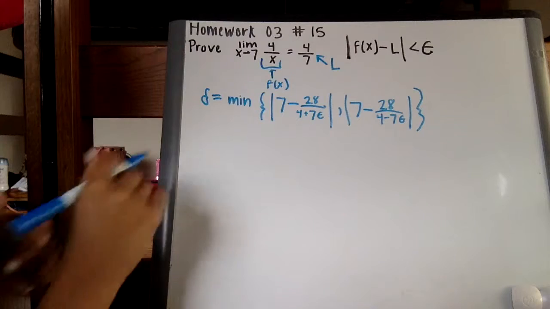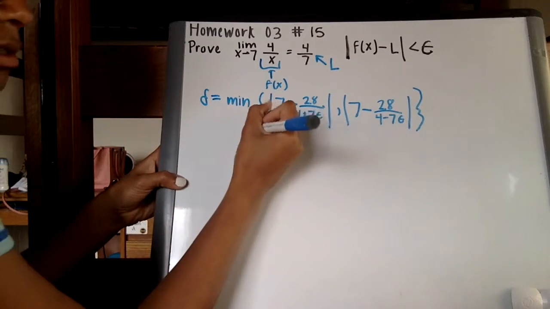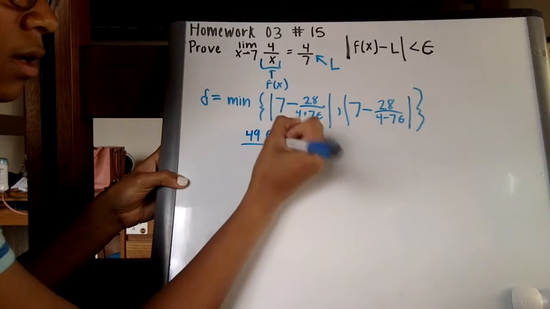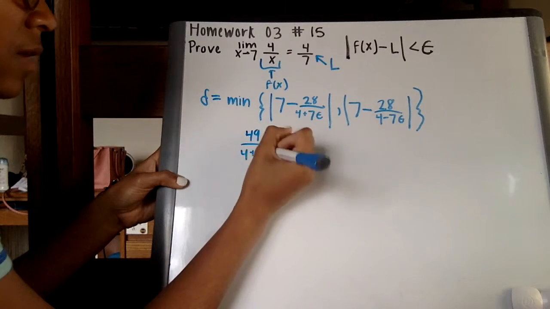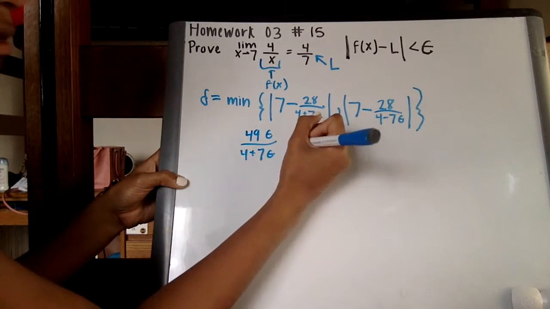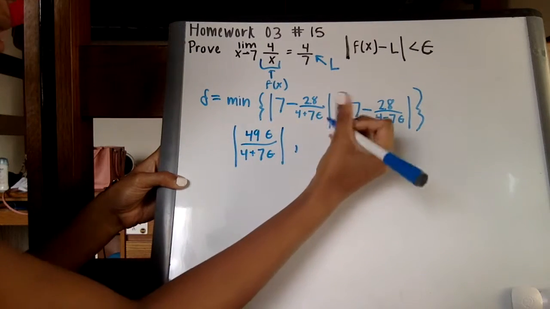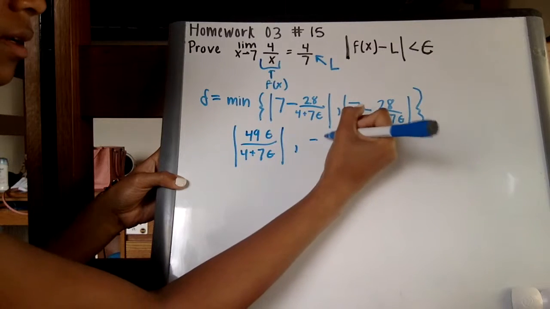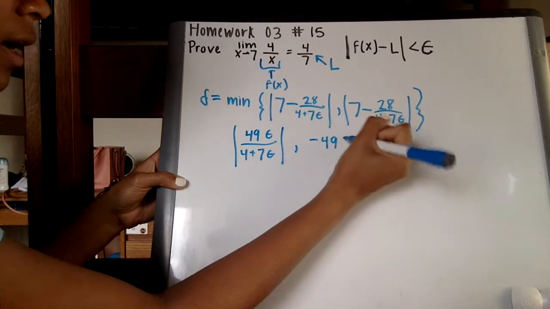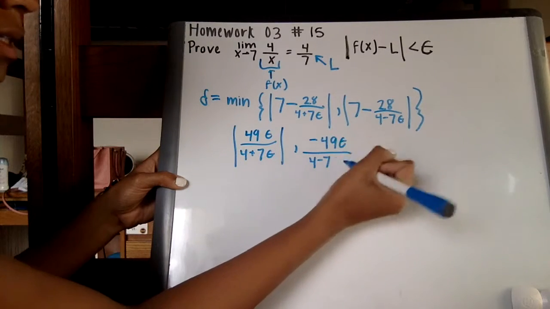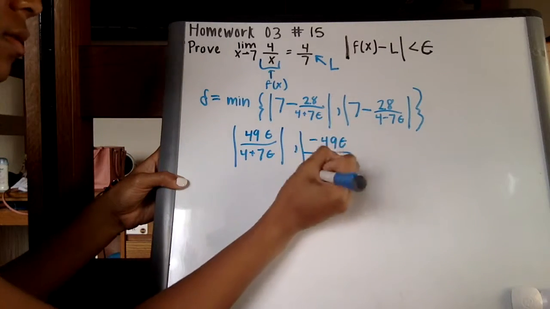If we simplify that, we're going to get 49 epsilon over 4 plus 7 epsilon, and that's going to be absolute value, and then negative 49 epsilon over 4 minus 7 epsilon.